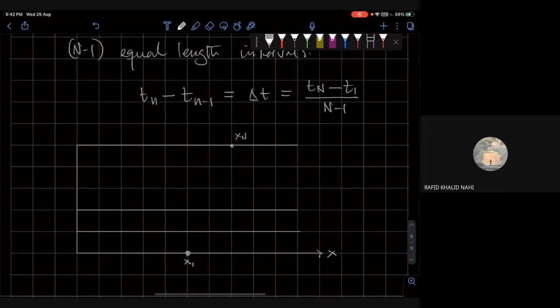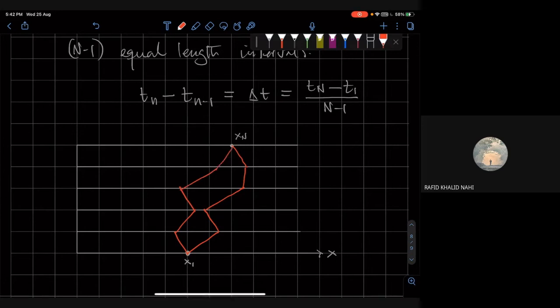It's easy for me to draw it like this. These are all the small time intervals. And so what we're going to do is take, this will probably be one example of a path. Oops, sorry.